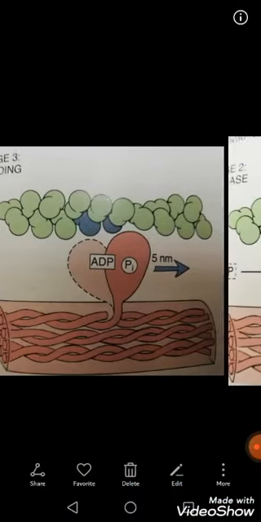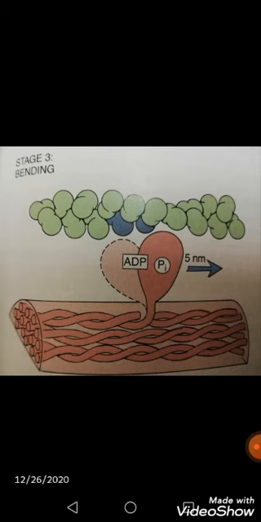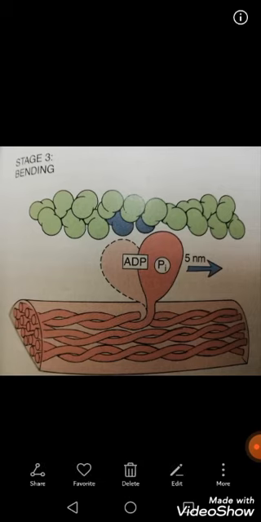Now look at the third stage. In the third stage, the bending of the myosin head occurs. As a result, ATP hydrolysis advances the head a short distance toward the thin filament.